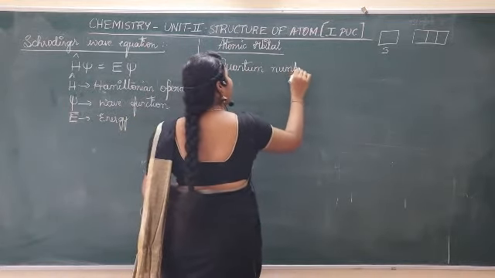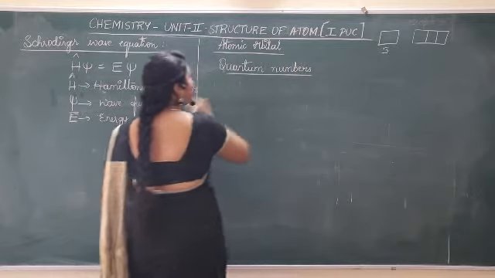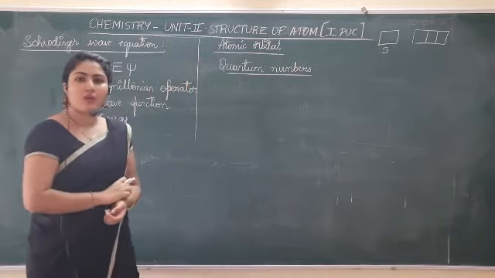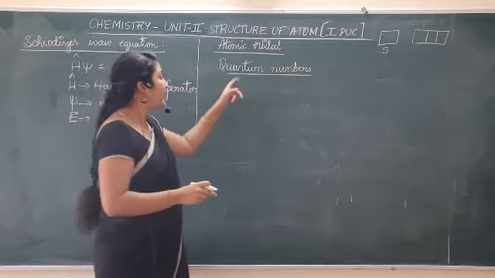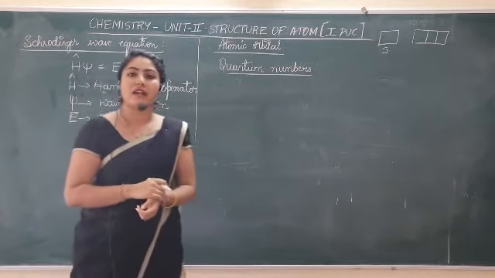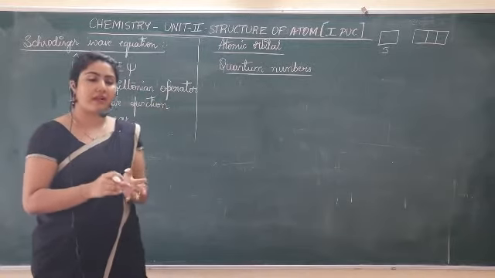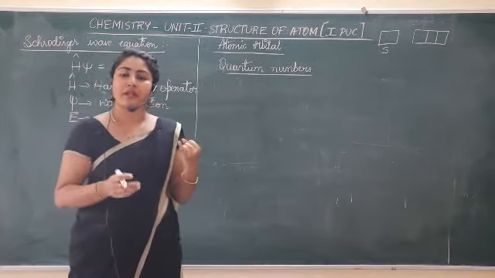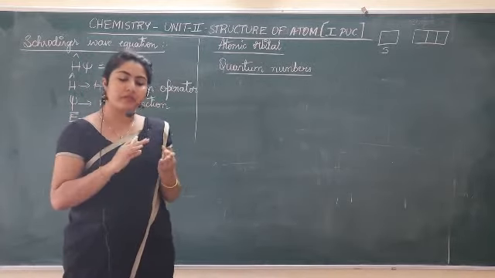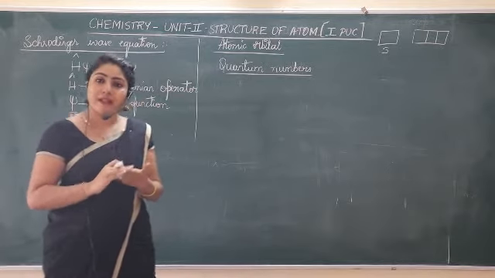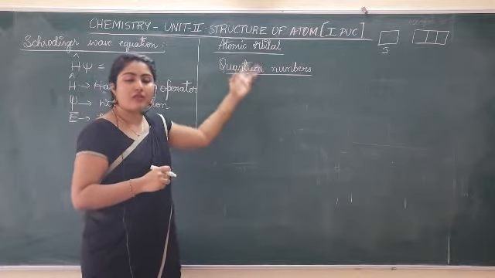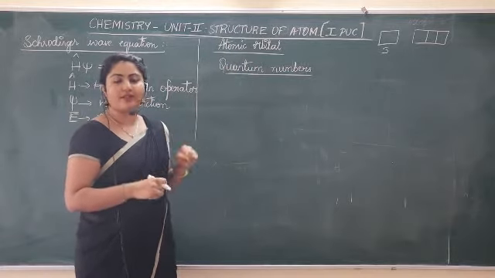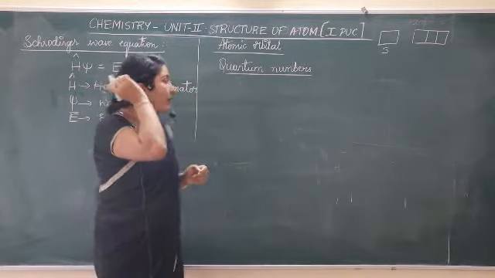I have told you what quantum mechanics is: the branch which considers the dual nature of matter. Quantum numbers are a set of numbers: the principal quantum number, azimuthal quantum number, magnetic quantum number, and spin quantum number. All these give us information related to the atomic orbital. We will study them now.